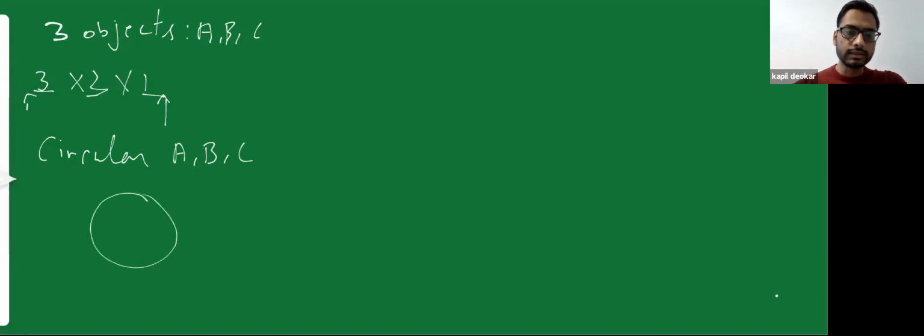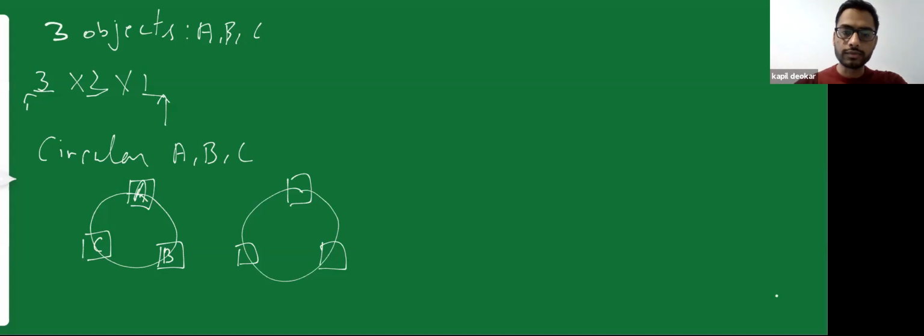So consider that this is a circle. So there are 3 places now, or I can say 3 boxes. How can I place my A, B, and C? I can write A over here, I can write B over here, or I can write C over here. Is there any other way that I can write this? Yes. Instead of starting A, I can give my starting point A as this. Is there any other way?